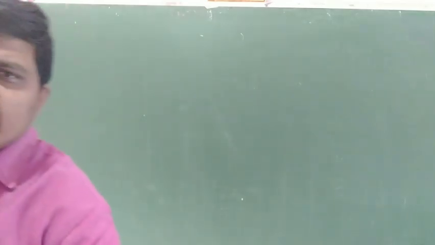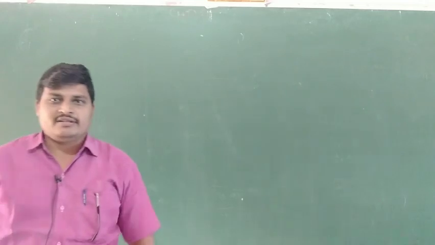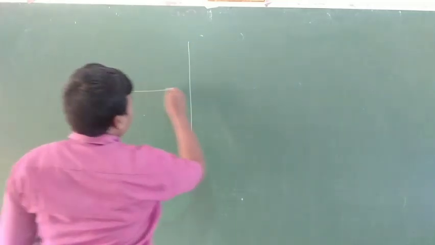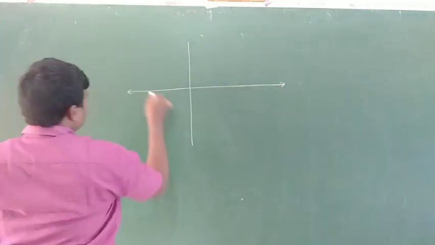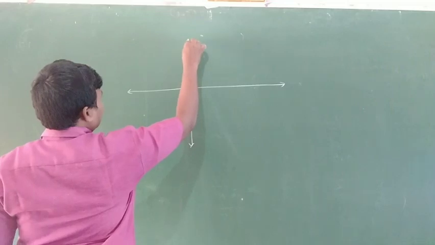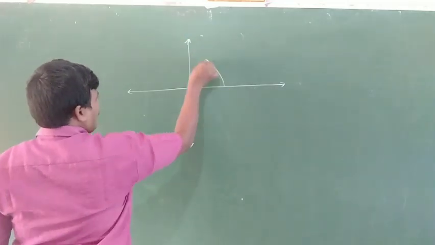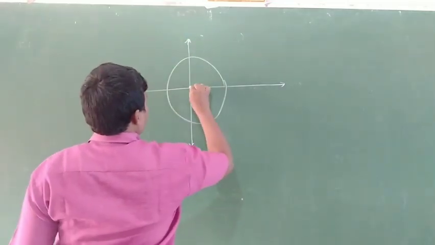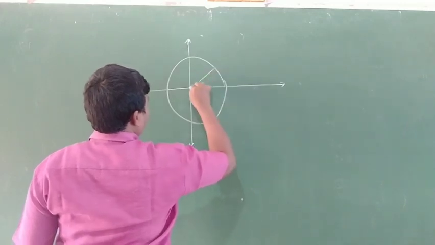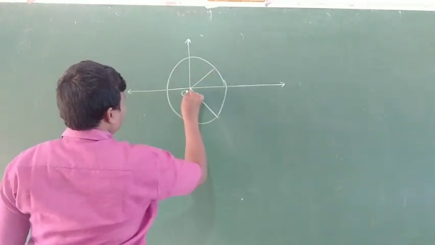Next, negative angle of the trigonometric functions. First, draw the diagram. First of all, you will take a unit circle because it is easy. This is 0.